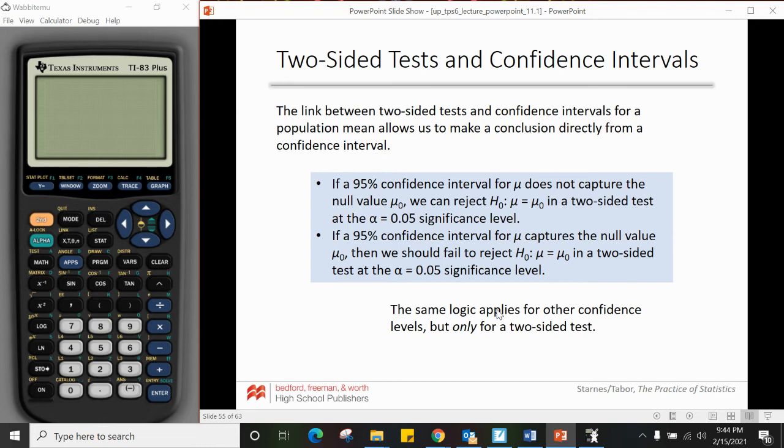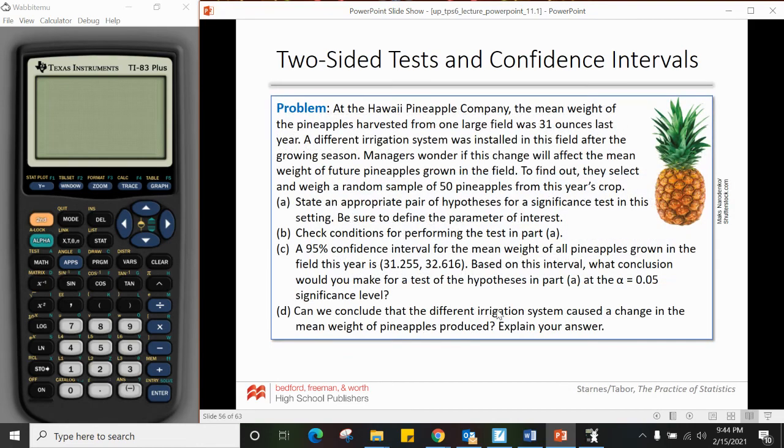So if we reject mu naught in a significance test, saying it's not equal to that value, that's all it tells us: we have evidence that mu is not really equal to that. But a confidence interval actually gives you potential values that the true mu is. So that's why a confidence interval is a little bit stronger of a statement.